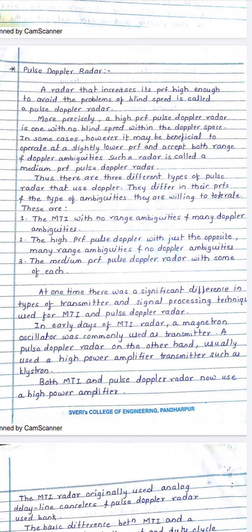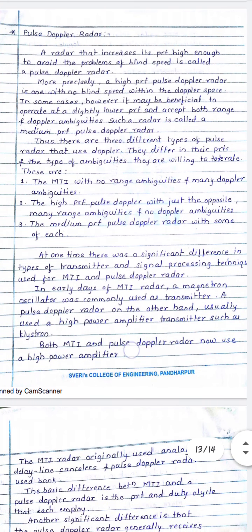So we can say the pulse Doppler radar has no blind speed. In some cases, however, it may be beneficial to operate at a slightly lower PRF and accept both range and Doppler ambiguities. Such a radar is called a medium PRF pulse Doppler radar.